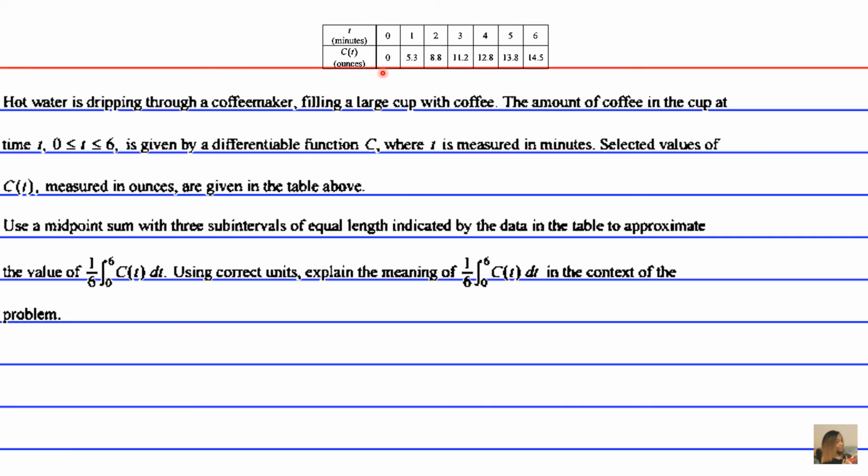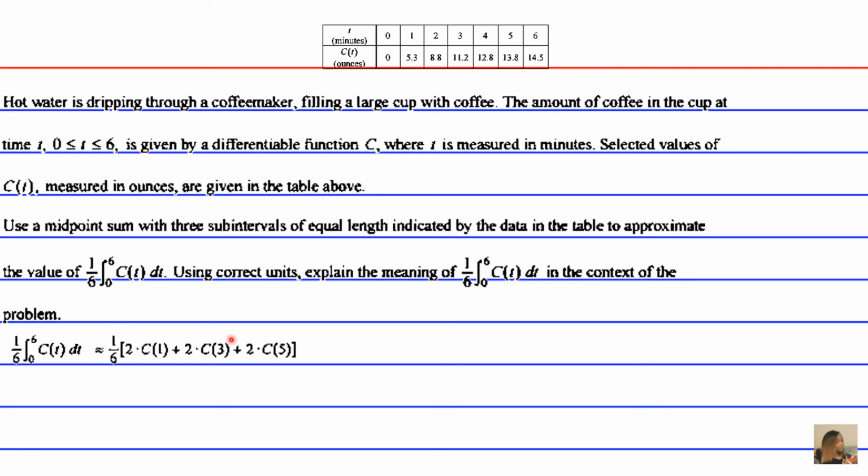Let's just get right into it. We have the integral 1/6 from 0 to 6 minutes of c of t dt, and that is approximately equal to 1/6 times our approximation for the integral: 2 times c of 1, because we divided our interval into 3 equal subintervals, so each is multiplied by 2, plus 2 times c of 3, plus 2 times c of 5.